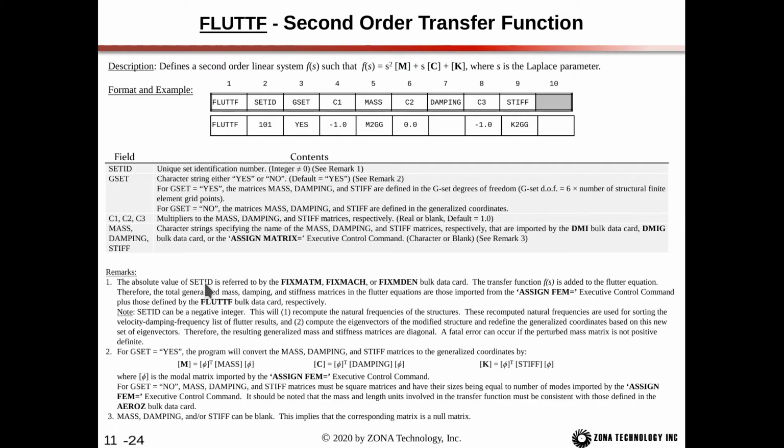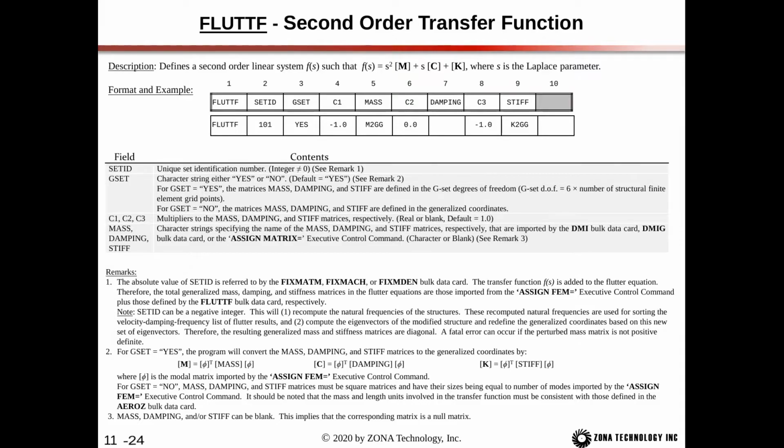Set ID can either be positive or negative. If set ID is negative, that triggers ZEUS to do some additional computation. This will recompute the natural frequencies of the structure. The recomputed natural frequencies are used for sorting the velocity damping frequency list of Flutter results, and then, two, compute the eigenvectors of the modified structure and redefine the generalized coordinates based on this new set of eigenvectors.